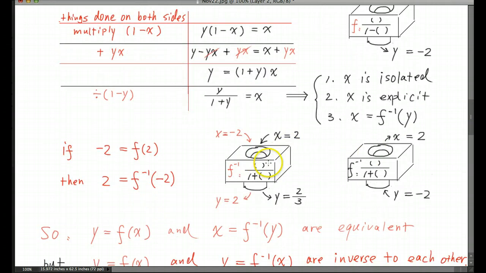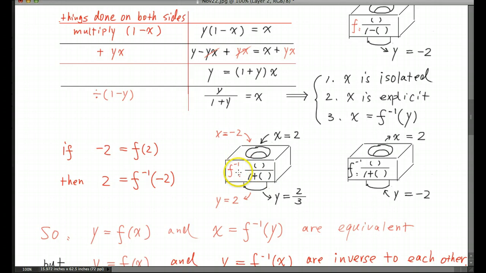But if you try to put an x in here, you can produce x equals 2 if you put negative 2 in from here. But what if you try to put x equals 2 in here and go through the inverse process?